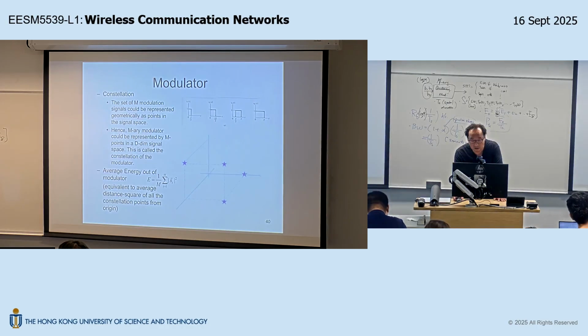Based on these 3 orthonormal bases that we define, the 4 signals appear as 4 points in this signal space. So this is my second way to tell you my signal set. I can tell you that my signal set consists of these 4 members, and these 4 members appear as 4 points in this space. Full stop. Now, in the literature, there is a name for this. This is called a constellation diagram.